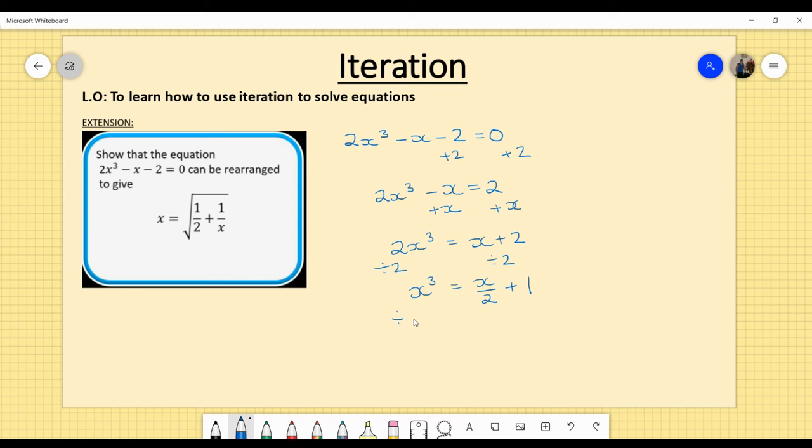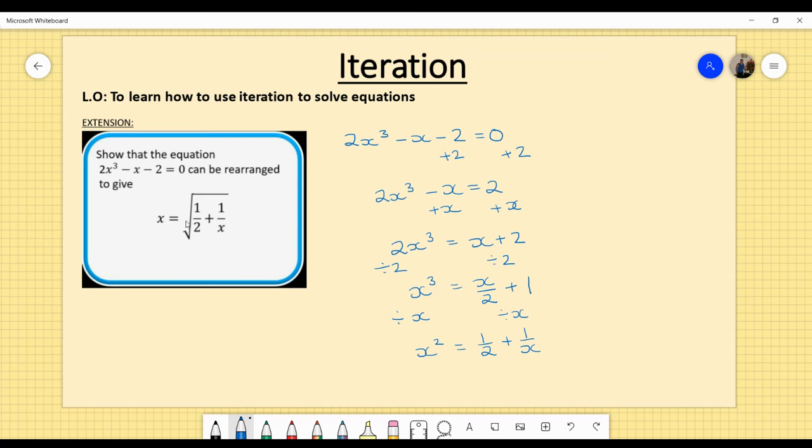So the only way to do that is to divide by x on both sides. So at this point, you end up with x squared equals, and this is x over 2 or a half x. A half x divided by x means the x's will cancel out, leaving you with just a half, which is now starting to look like what I want it to. And then my 1 divided by x gives me 1 over x.